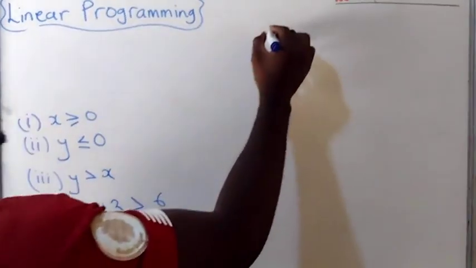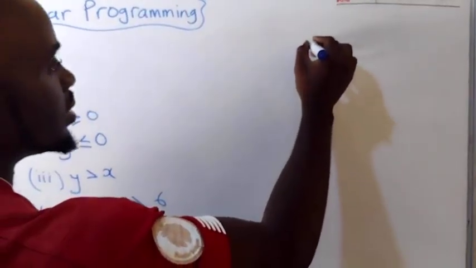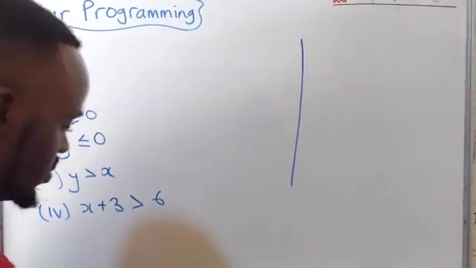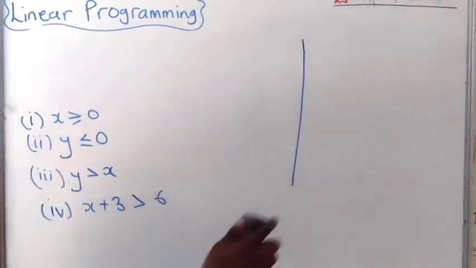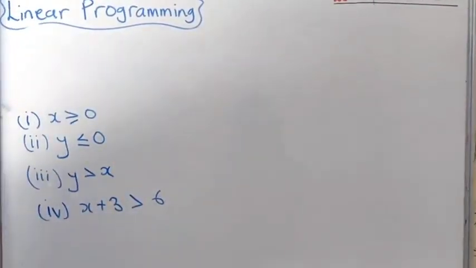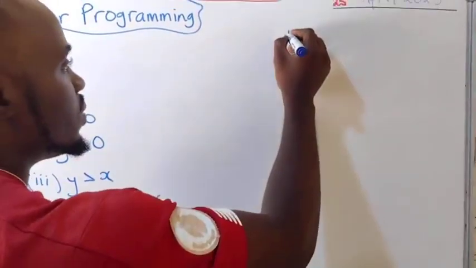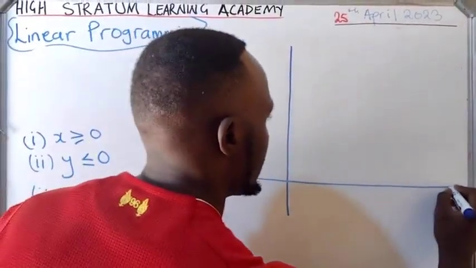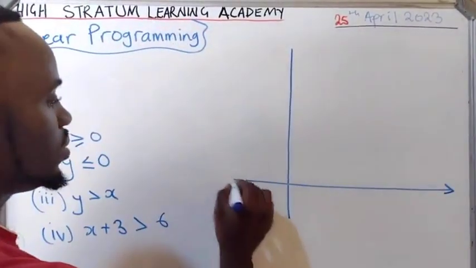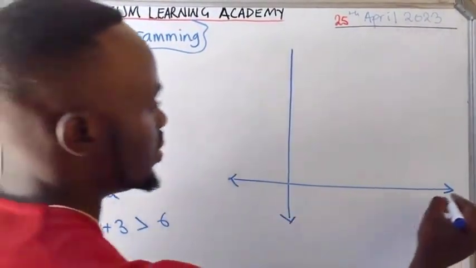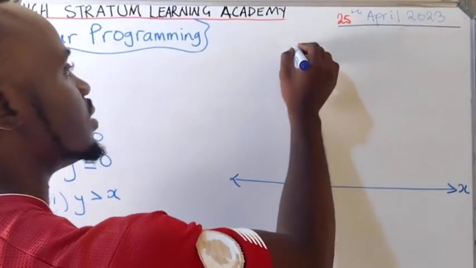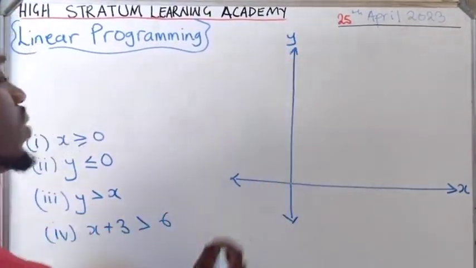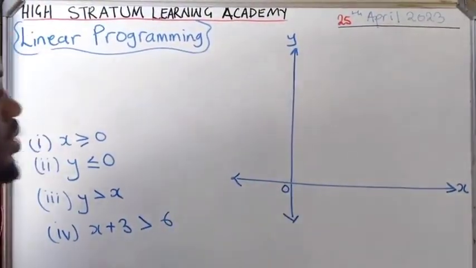So I'm rubbing here so that I create more space. If you remember, we said the Cartesian plane will look like this. So this is our x-axis, this is our y-axis, this is the origin.